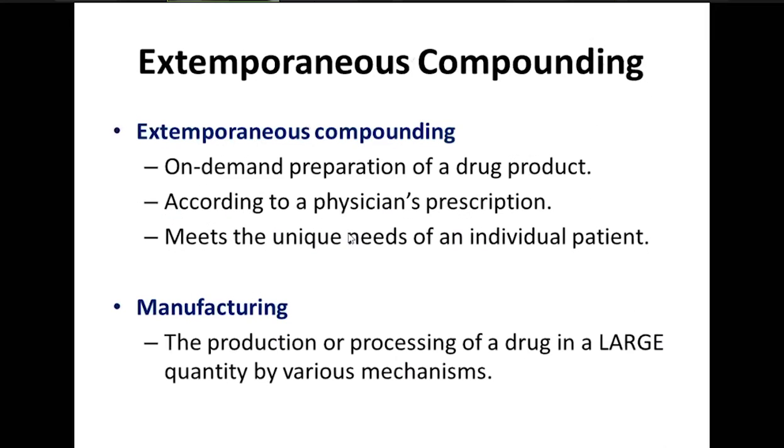Then we move on. So these extemporaneous preparations, we need them on demand. For example, like I said, we have these capsules, but what is needed maybe is a suspension or a syrup for a child. We need to calculate. You guys are now experts when it comes to calculations.